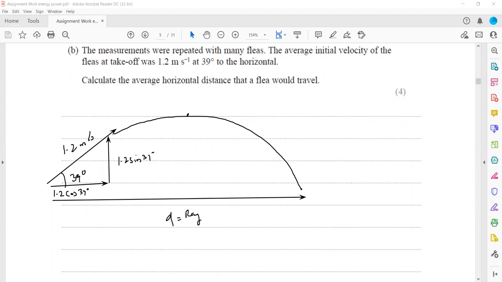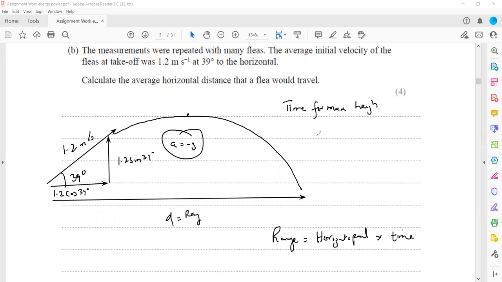And to get the range, we'll use the horizontal speed multiplied by the total time. So, time to reach the maximum height. Whenever we use the height, we always use the equation of motion and the vertical component.